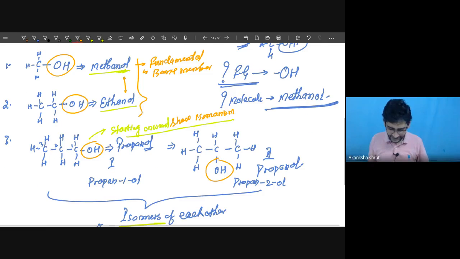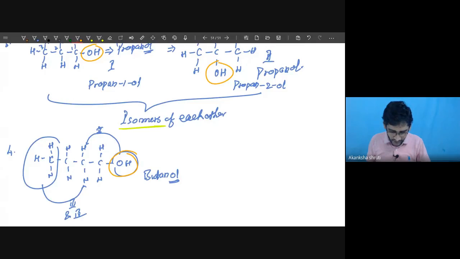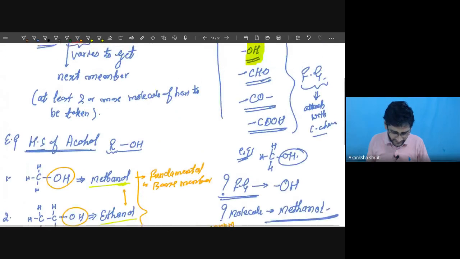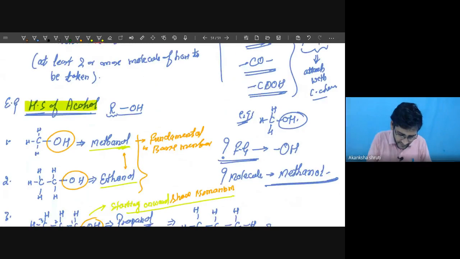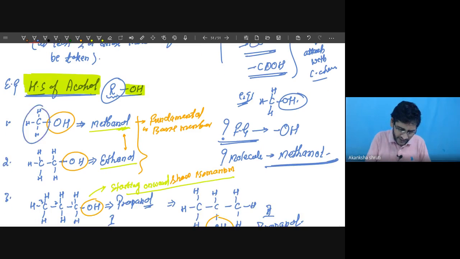Students, another thing we are observing here is that in this homologous series of alcohols, each of these must contain the same functional group, and that functional group is our OH. But this part can vary. What is this? For methanol, it is CH3OH.